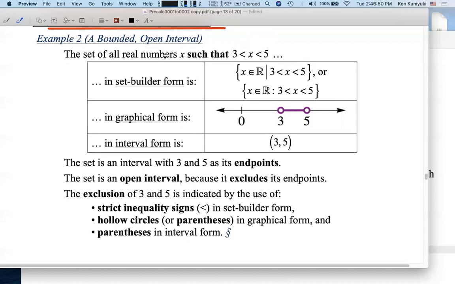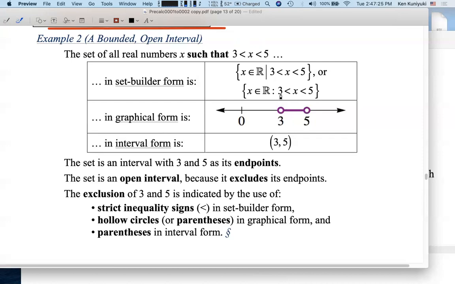Now, we want the set of all real numbers x that satisfy this compound inequality. In set builder form, which involves these braces here, we want the set of all x in the reals such that, so the vertical bar here or the colon here can represent such that, x is strictly between 3 and 5. In graphical form, we want all the real numbers on the real number line that are between 3 and 5.